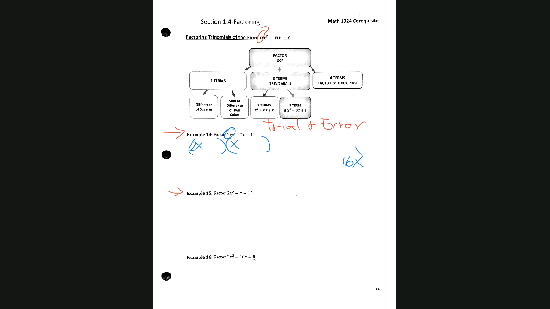And so that's what we're going to do, write our factors of negative 4 actually. And so that will be 1 and 4 or 2 and 2. Since it is negative, we know that we could have this issue. 1 will be positive, 1 will be negative.